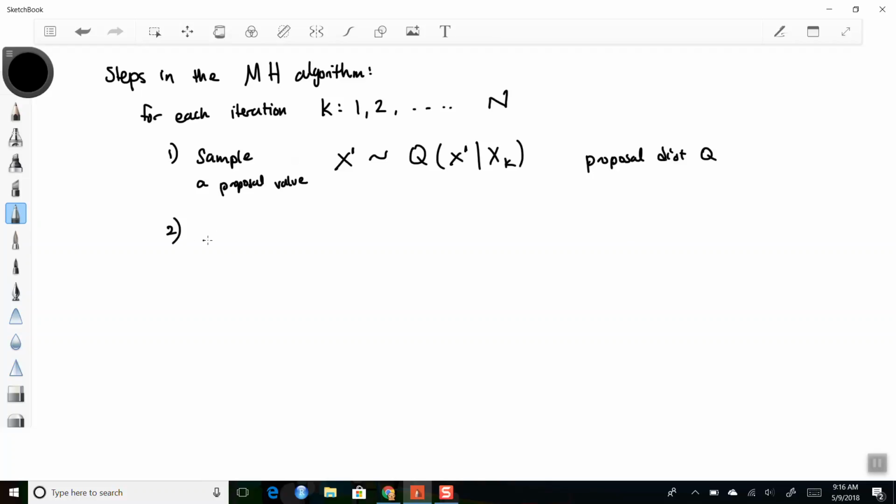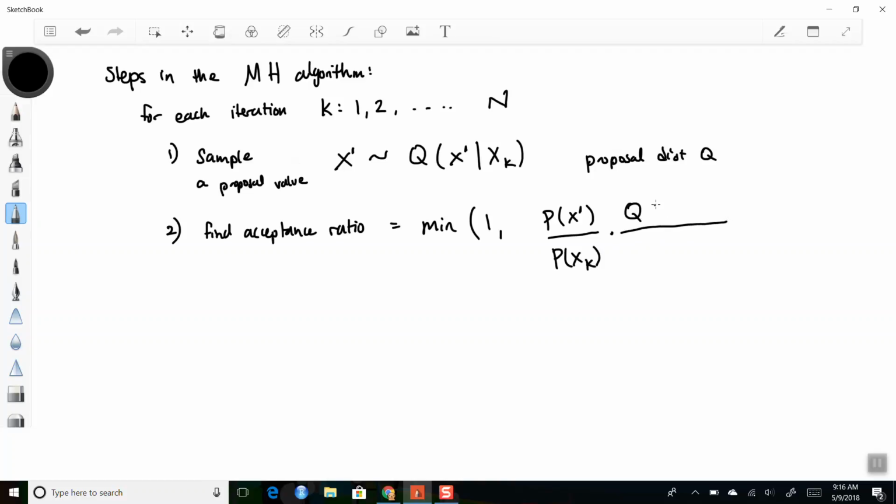And then step 2: find the acceptance ratio, which is going to be equal to the minimum of 1 and, this is where it differs, the probability of x prime divided by the probability of your current x, xk, times the ratio of the proposal rates.